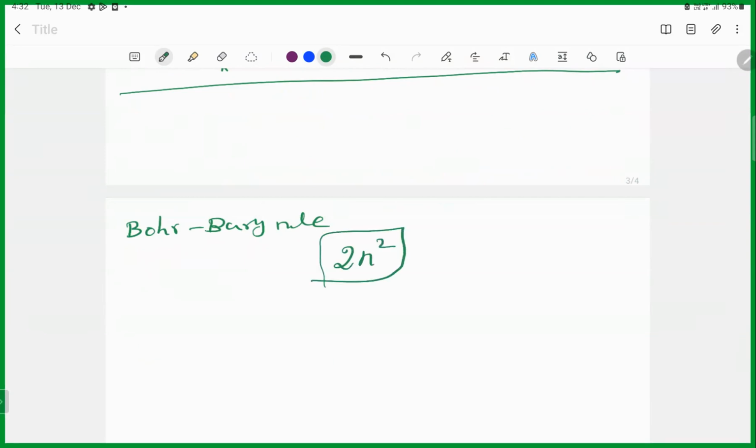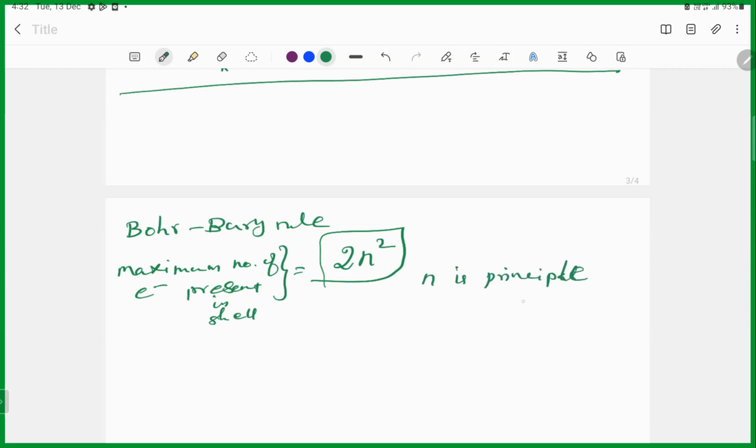The maximum number of electrons present in each shell can be calculated by using the 2n squared formula, where n is the principal quantum number.